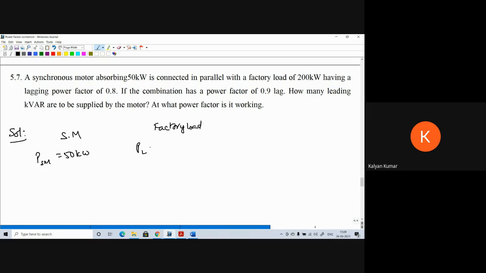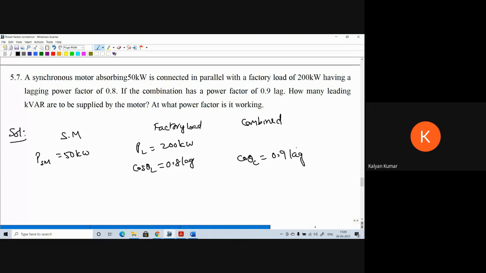Factory load PL is 200 kilowatts, and the factory load is operating at a power factor of 0.8 lagging, and the combined load, the factory load and the synchronous motor combinedly, is operating with a power factor of 0.9 lagging.